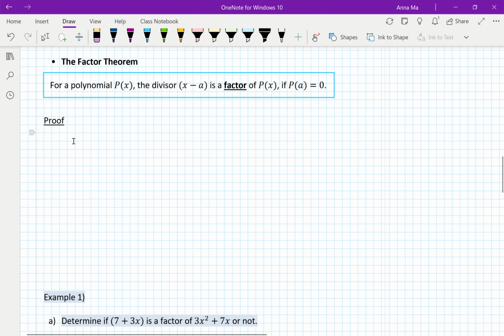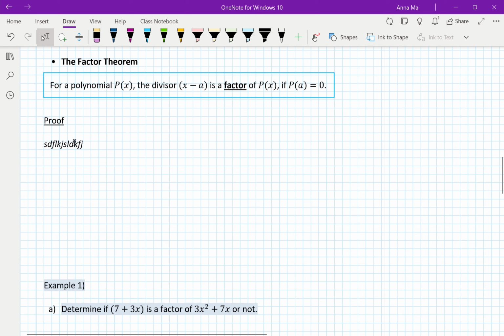Maybe I can just type it in. So we can say something like p of a should give us the remainder of the polynomial after being divided by x minus a. And that's because of the remainder theorem.